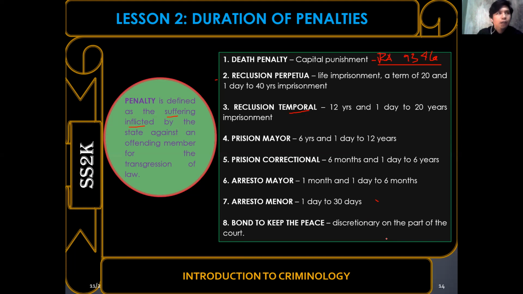Code. Under the special penal laws, the duration of penalty depends on the specific act that is provided under the law. Like, for example, illegal possession of firearms, meron pong nakalagay doon sa penalty. No? We have also illegal possession of drugs. Yan, naka-specify na po doon sa Dangerous Drugs Law kung ano ang penalty.